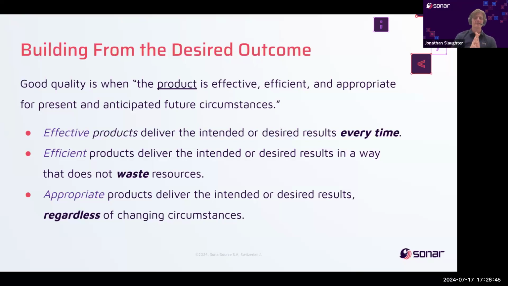And then appropriate products deliver the intended or desired results regardless of changing circumstances. Those circumstances can be new regulations. They can be a change in the market. They can be the fact that you've had a merger and acquisition. And so why you had that acquisition. Are you buying in new IP? Are you buying market share? What are you doing? Are you going into a particular new industry vertical?